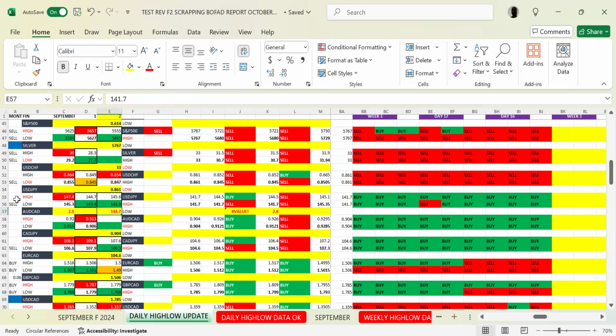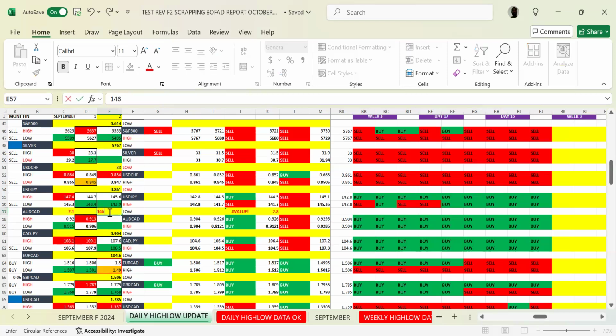The next is USD JPY. For USD JPY, we have 4 moves. The first move is 142.8. At 142.8, you can see it's been a buy more.